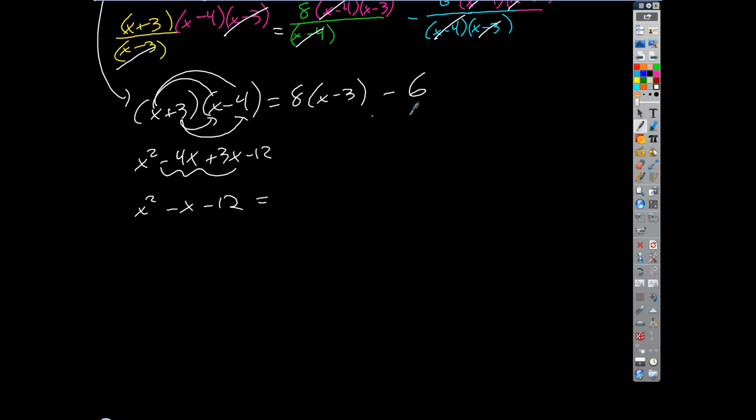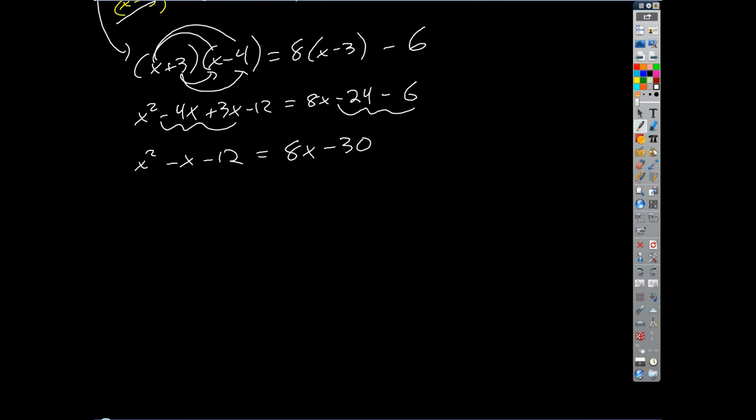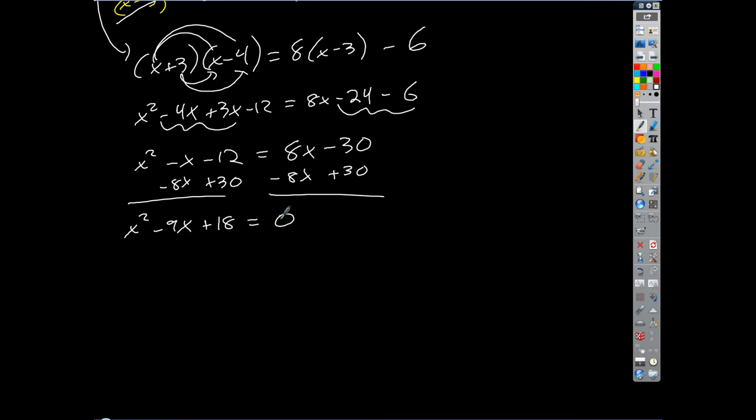If I distribute the 8, I get 8x minus 24 minus 6, and if I combine like terms there, I get 8x minus 30. So if I push everything over to the left to set this equal to 0 and put it in standard form, I end up getting x squared minus 9x plus 18 equals 0.